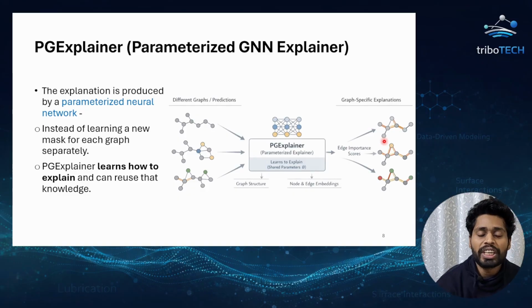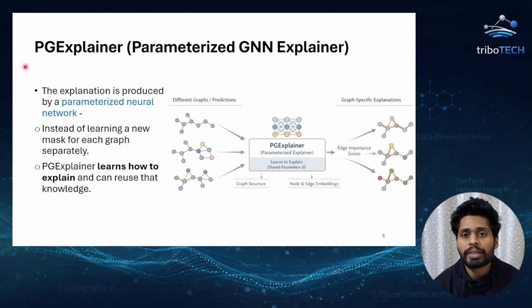Now coming to PGExplainer. PGExplainer basically stands for Parameterized GNN Explainer. What happens in PGExplainer is the explanation is produced by a parameterized neural network. This is something which makes it different from GNN Explainer.